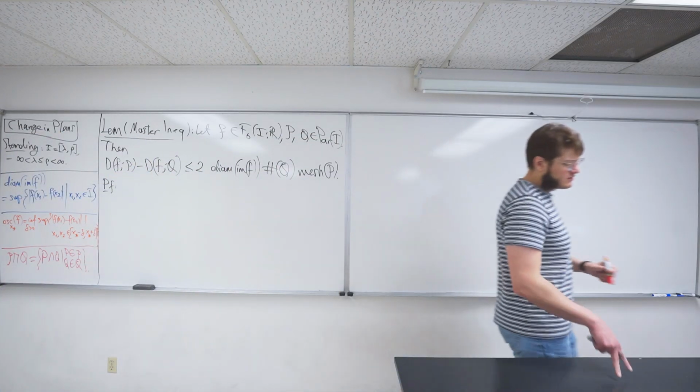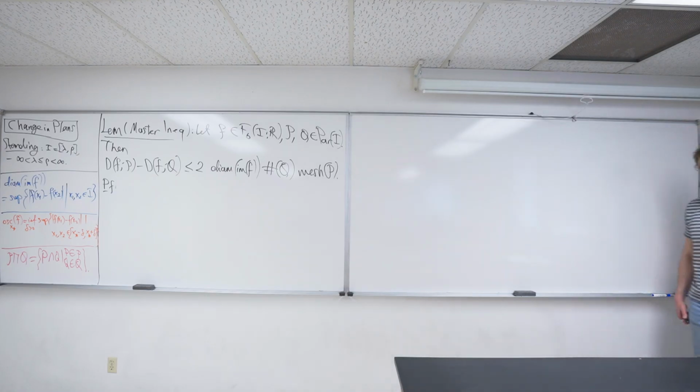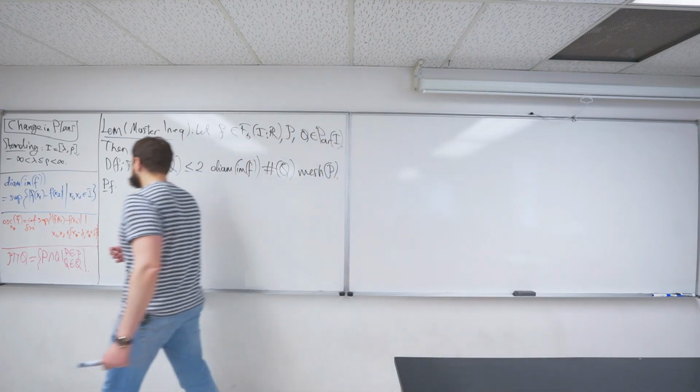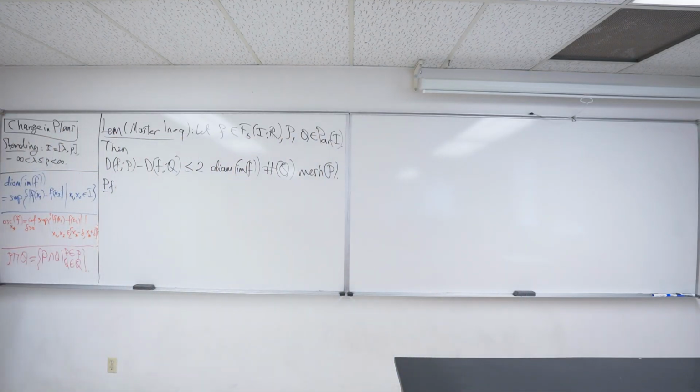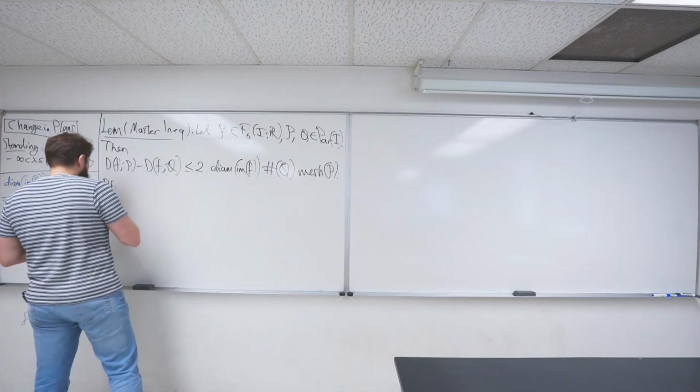I think in Taylor, they just call it the common refinement, but if you want to be more accurate, you want to call this the coarsest common refinement. There are other common refinements of P and Q. Okay, so start with this.